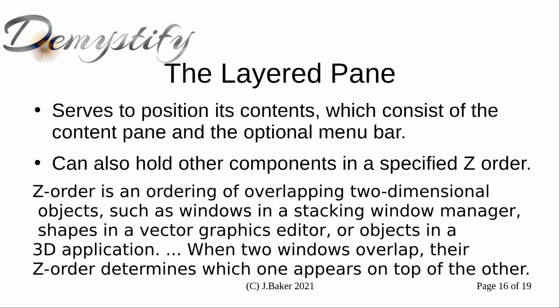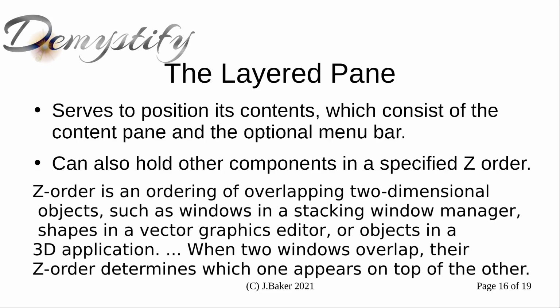When you use a Windows app, say Word or Office or something like that, you do all the work in your working document and you move things around, and you can't just drift them off into the menu. The menu is kept separate to the bit that you're working on. And so that's pretty much where the layered pane comes in that respect.